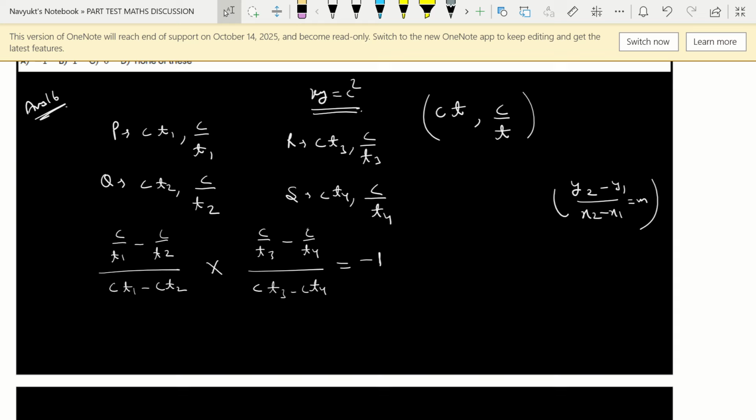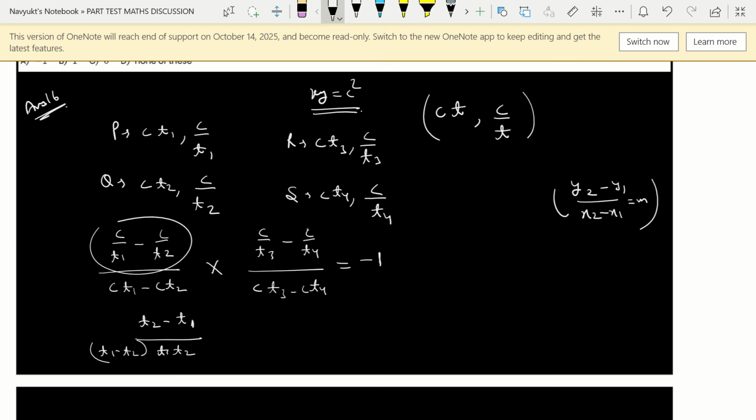So this cc will get cancelled out. When you take the LCM here, what would we get? We'll get t2 minus t1 upon t1 t2, upon t1 minus t2.